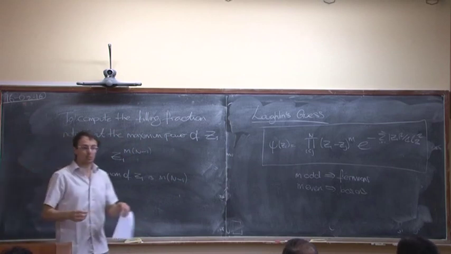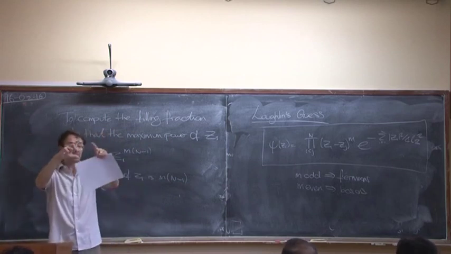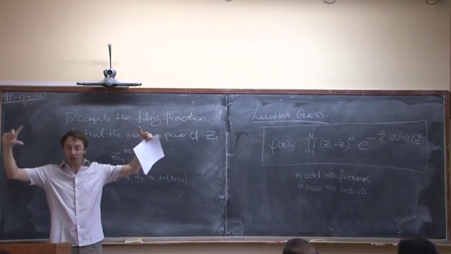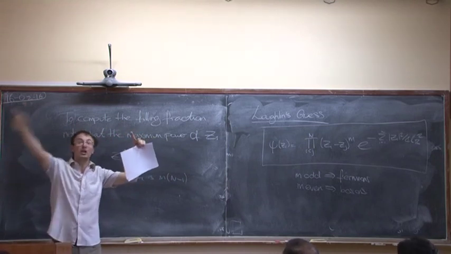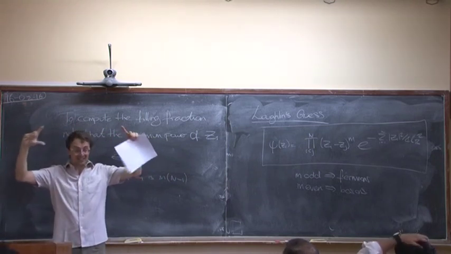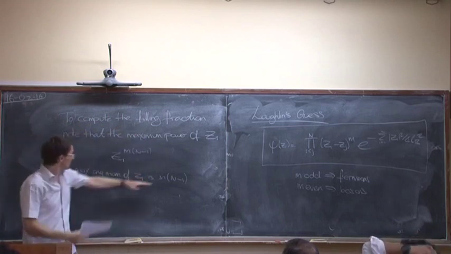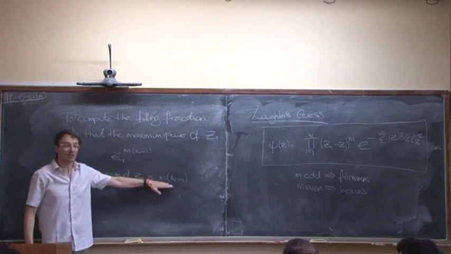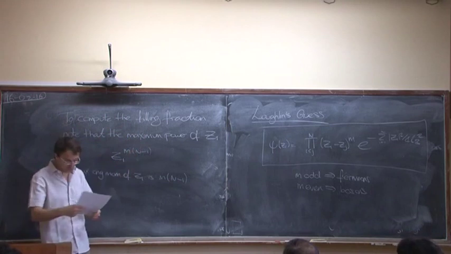But remember, these wave functions for Z1 with higher angular momentum are higher and higher concentric rings. So the size of the droplet is going to be the size of the wave function with this largest angular momentum. That's as far as this wave function spreads.